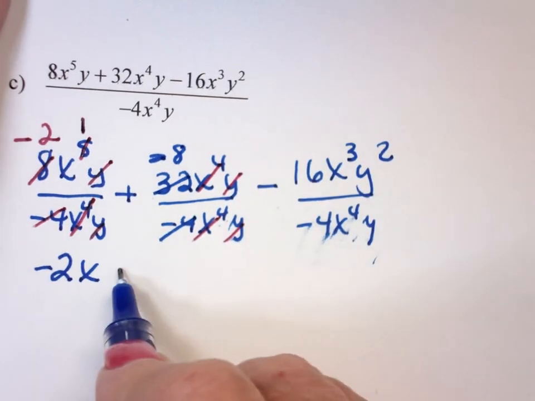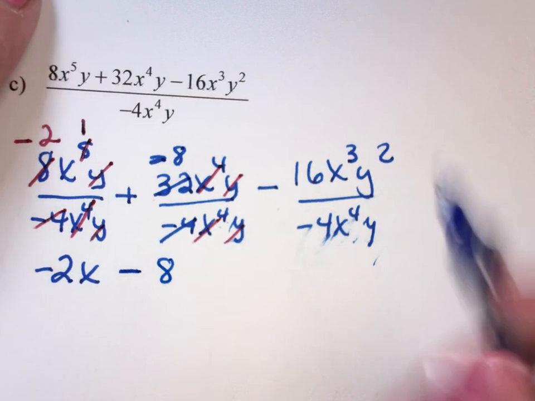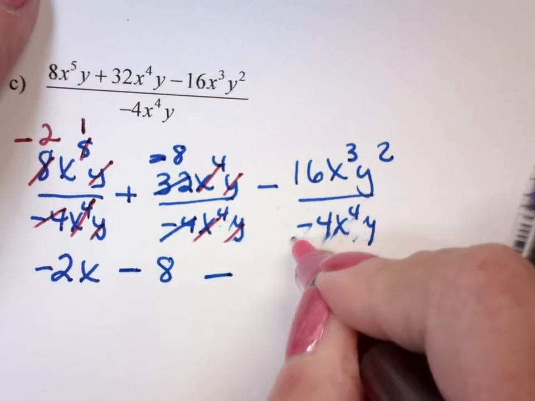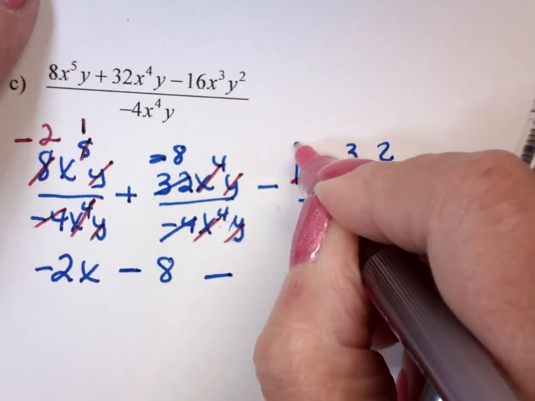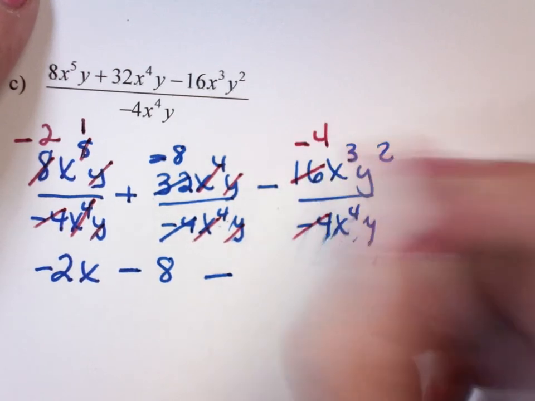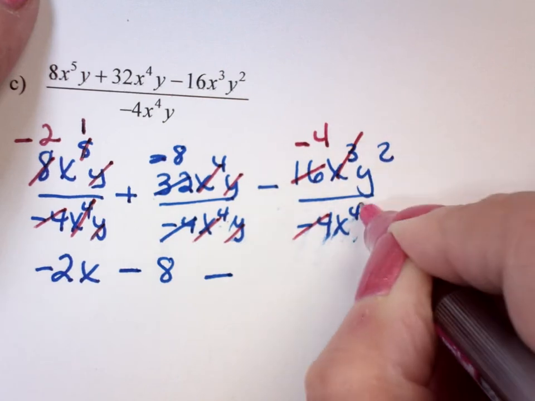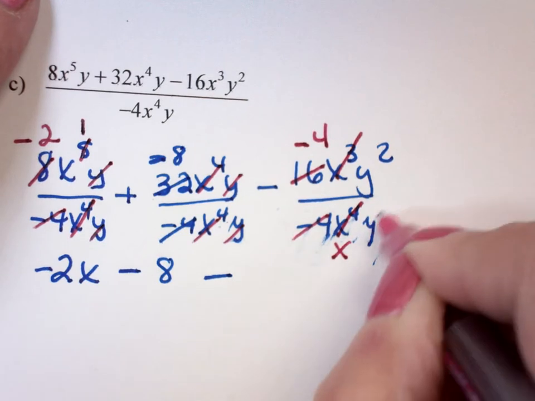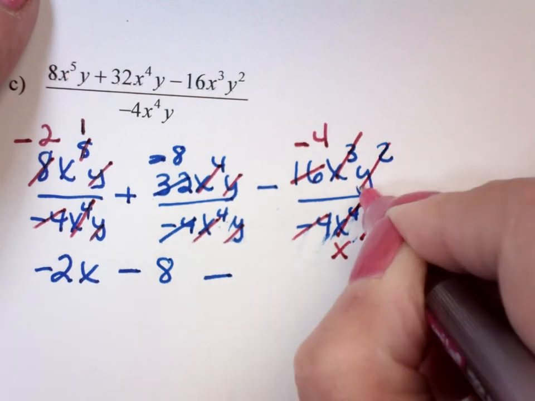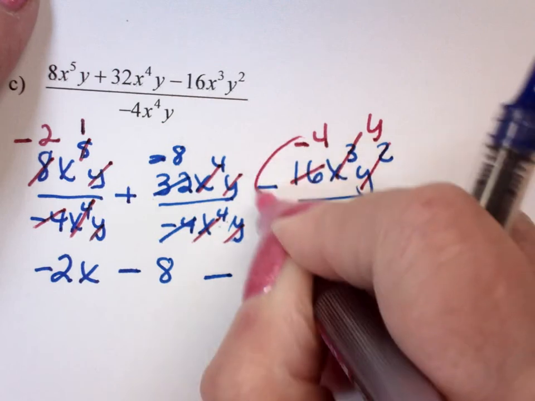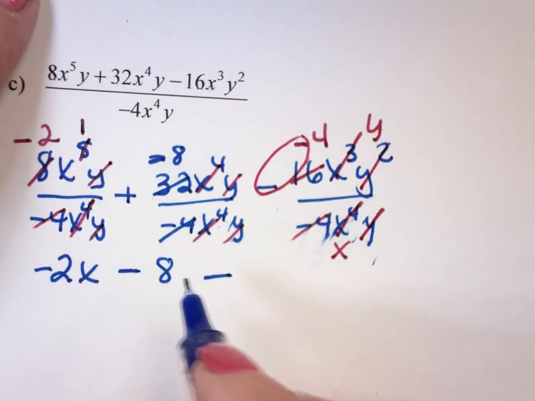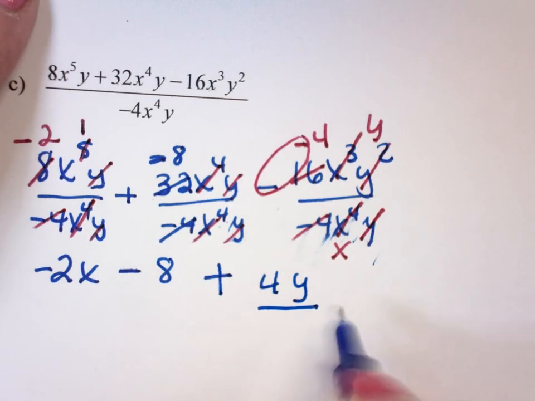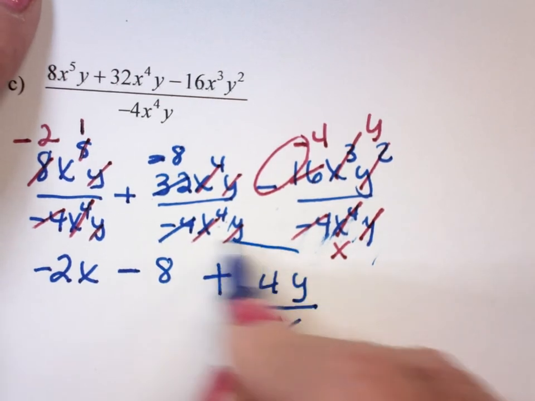So that's going to be just a negative 8, a plus minus 8, minus negative 4 goes into positive 16, negative 4 times, 3 on the top and 4 on the bottom gives me 1 on the bottom. 1 on the bottom, 2 on the top gives me 1 on the top. But a negative and a negative creates a positive 4y in the numerator divided by x in the denominator.